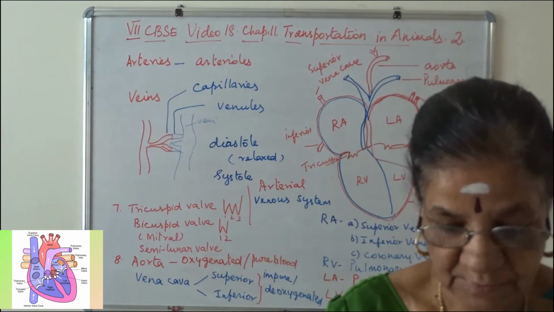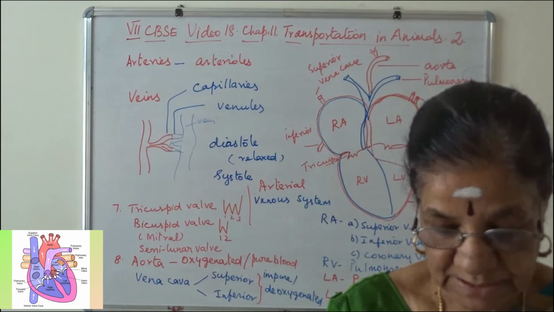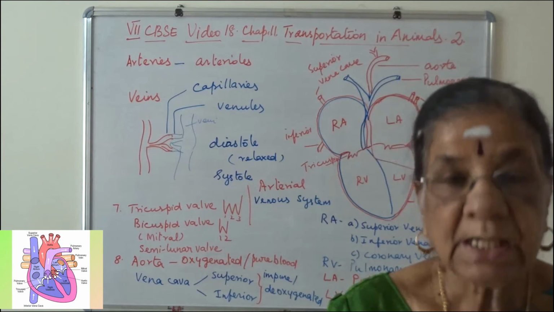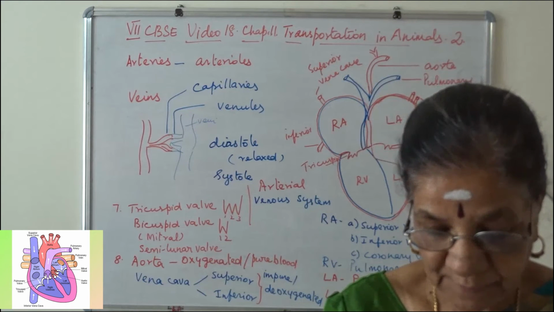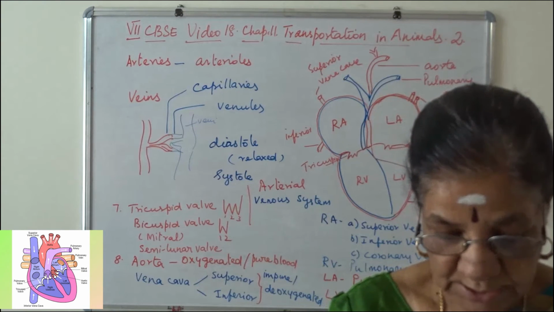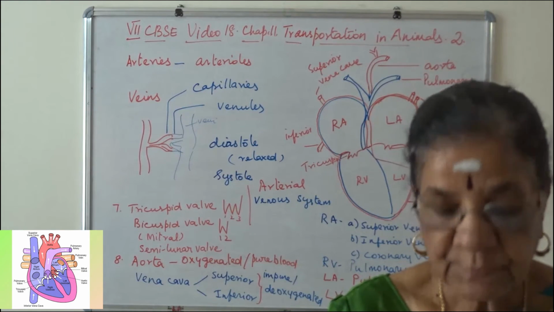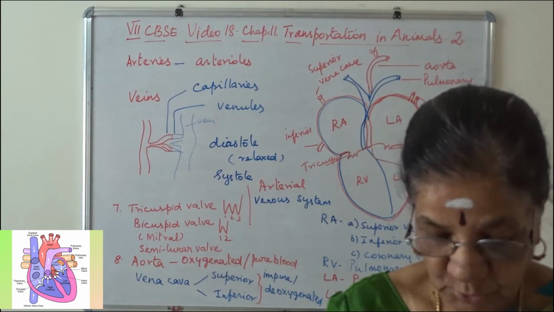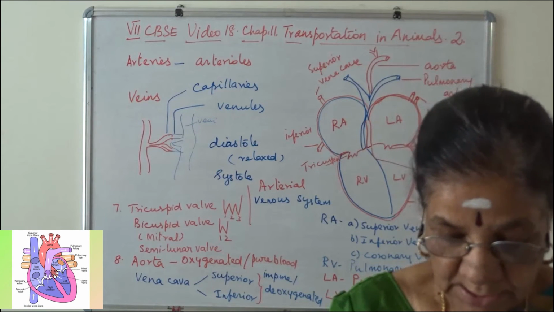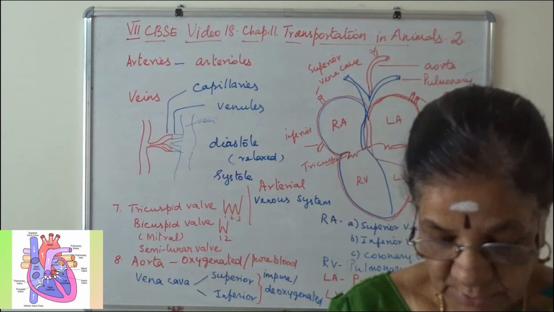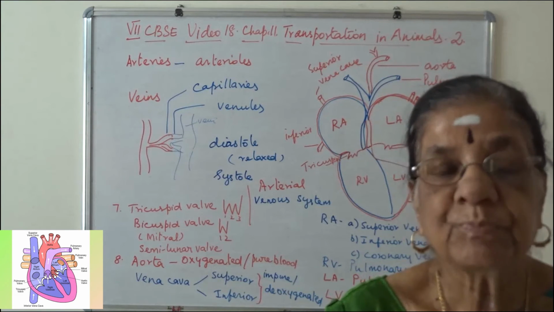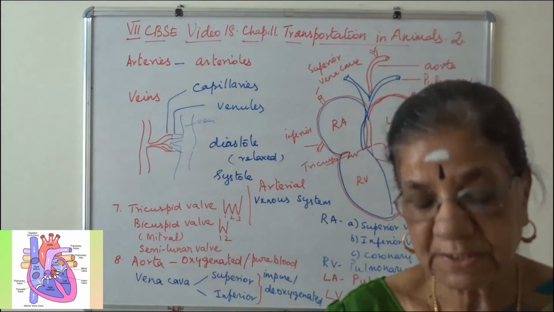I hope you understand. Whereas systemic circulation carries highly oxygenated blood from the left side of the heart to all the tissues of the body. And systemic circulation removes waste from body tissues and returns deoxygenated blood to the right side of the heart. I hope you understand.